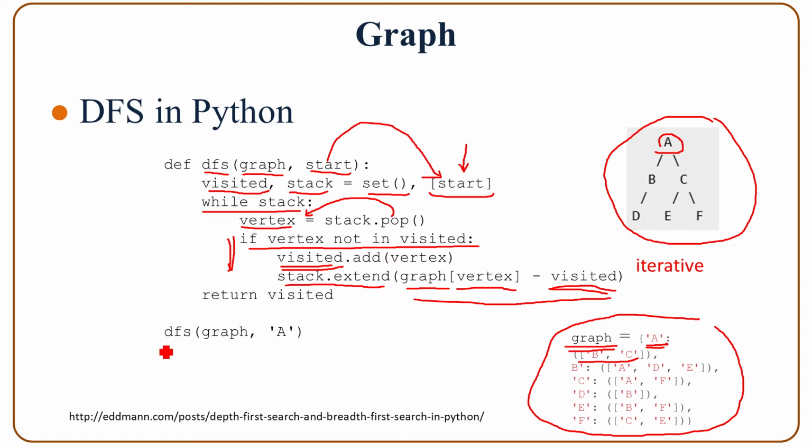This is an iterative method. So the order of visiting would be A, and then B, and then D, and then C, and then E, and then F.